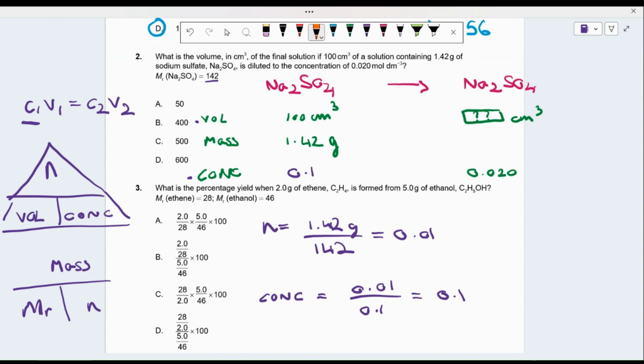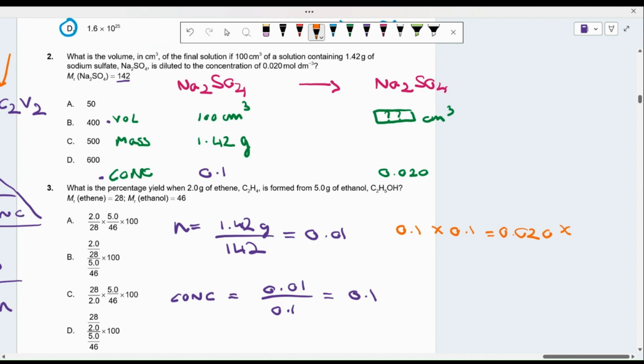So it's only now that we can use this formula. So it will be 0.1 times 0.1 equals 0.020 times something.